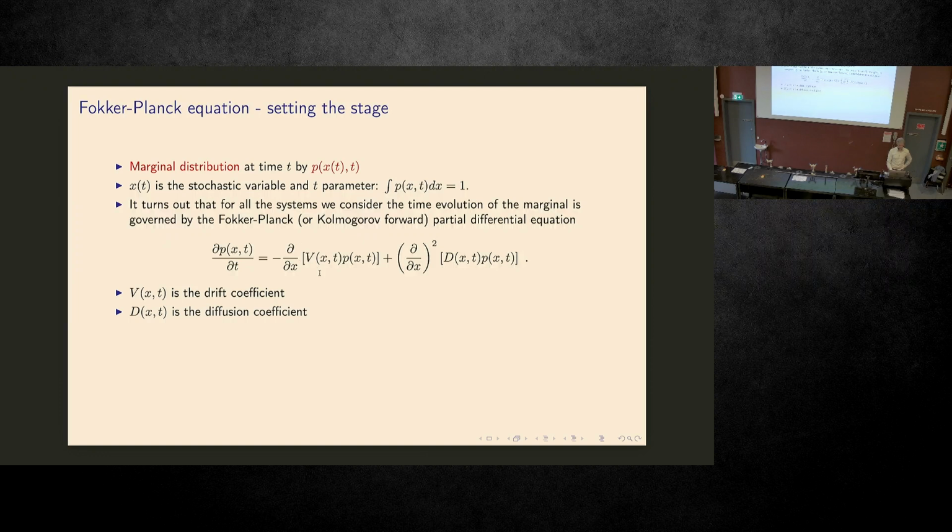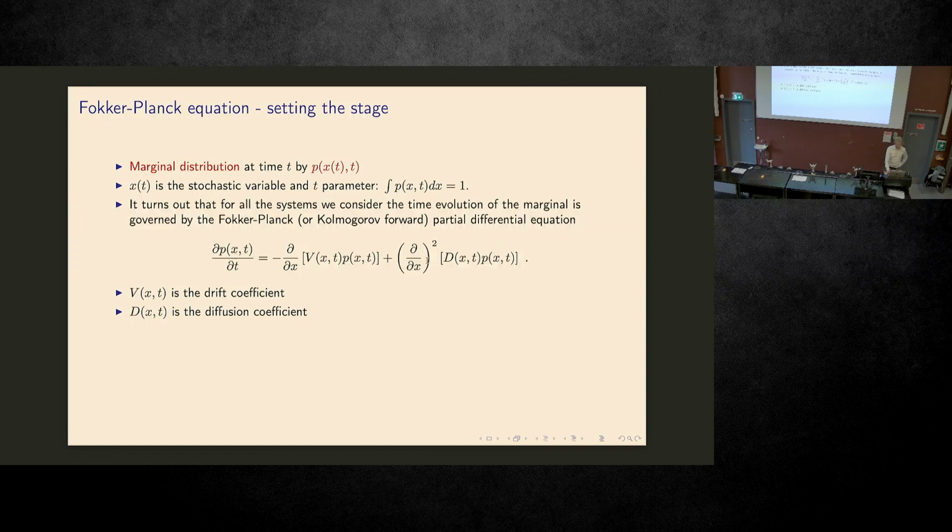Both have a partial derivative with respect to the stochastic variable. Inside the first you have the drift coefficient V times the marginal distribution. Then you have a second term, which is a second derivative, with the diffusion coefficient times the marginal distribution.